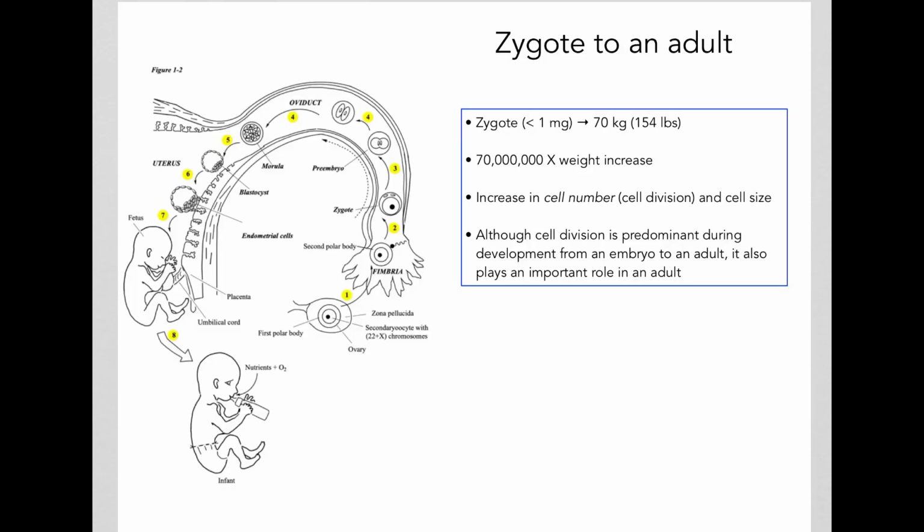So clearly cell division is a very important thing as the embryo develops into an adult. And as we shall see later, cell division is also important in an adult as well, because we do have a lot of cells, especially in our bone marrow, that divide very, very rapidly.